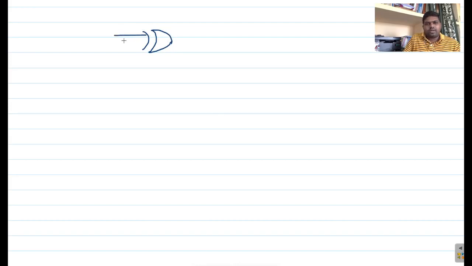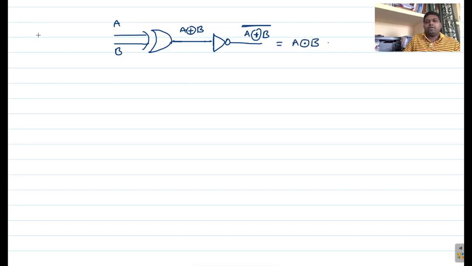This is XOR gate with inputs A, B. So here our logic Y equals A XOR B. Now which is followed by NOT gate, so that we will get (A XOR B) whole bar, right? So this we can write like A XNOR B. This is your complete XNOR logic.